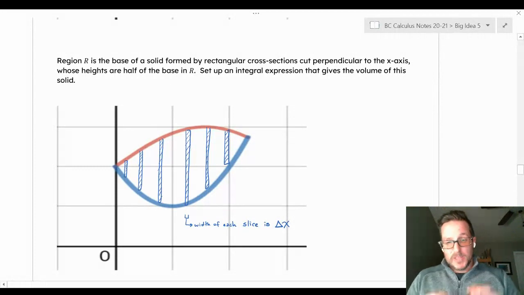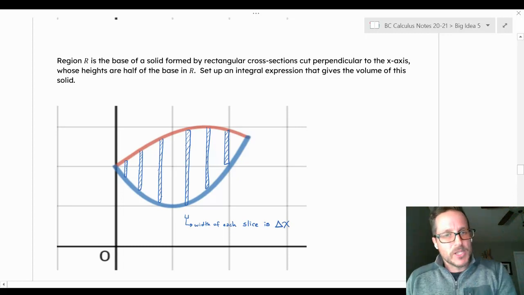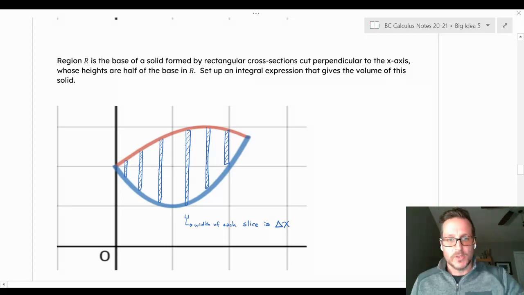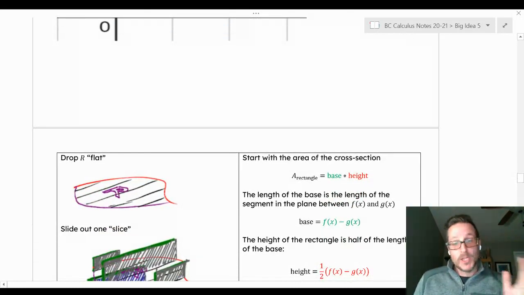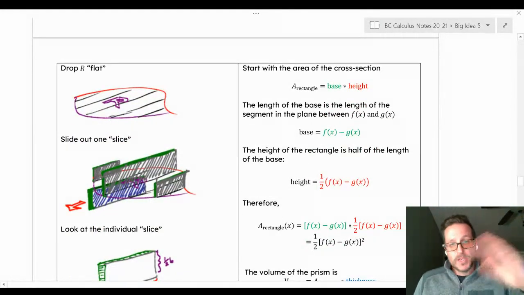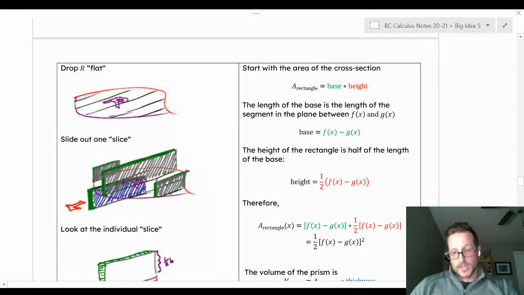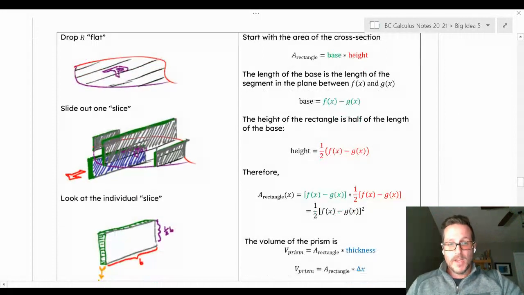Okay, I'm going to do my best here to show you what this might look like, a three-dimensional rendering on a two-dimensional screen. Imagine dropping the region flat, and then each one of those slices, now a rectangle, protrudes from that flat planar region.